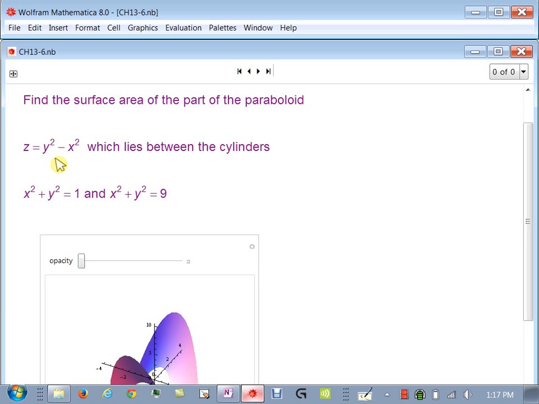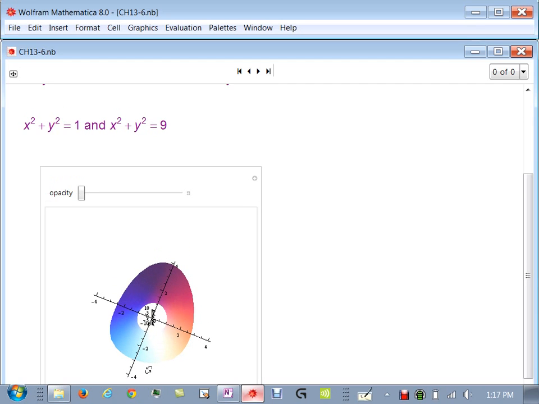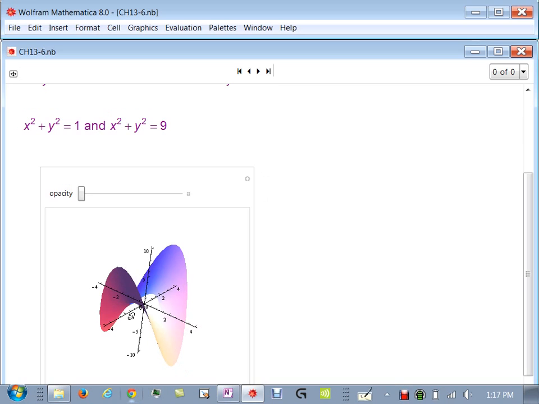We're trying to find the surface area of the part in between those 2 cylinders. Looking from the top, we have an inner cylinder and an outer cylinder that came through and cut this sheet. What's left here is what we're trying to find the surface area of. Make sense? What we need to do is come up with a vector equation, find parametric equations for this surface, and then use the surface area formula from last class.